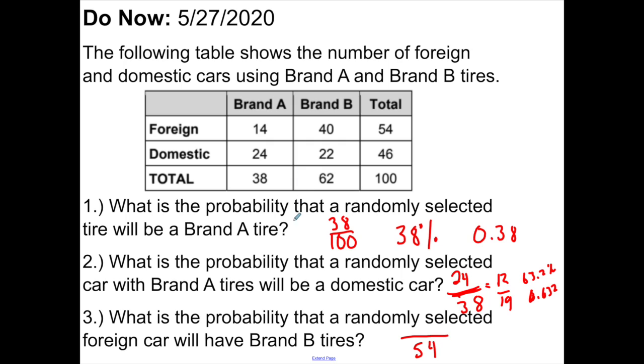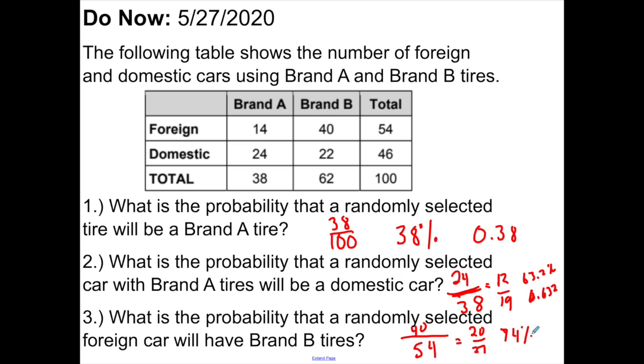Of those 54 foreign cars, 40 of them have brand B tires. So that represents 20 over 27, or about 74%. That is to say, you have an almost 3 out of 4 chance, if you choose a foreign car, that it's going to have brand B tires.